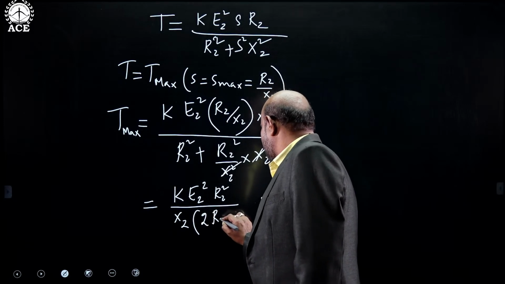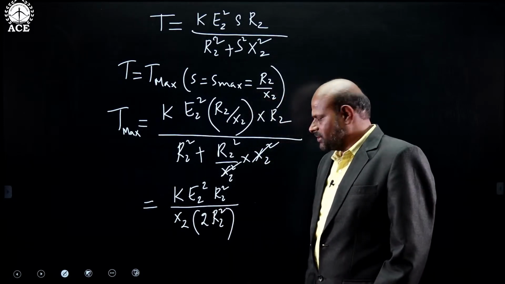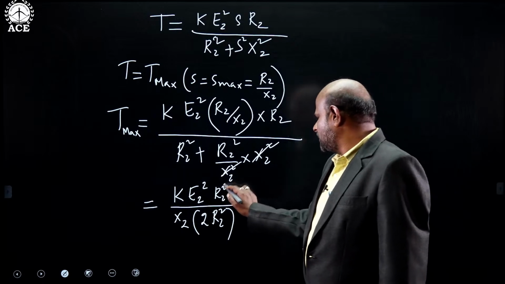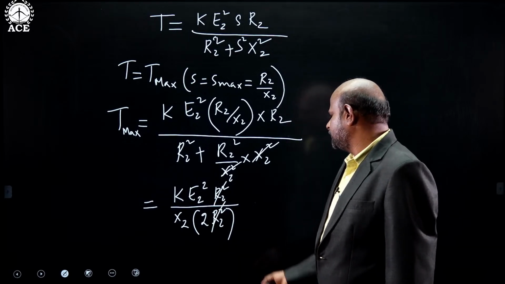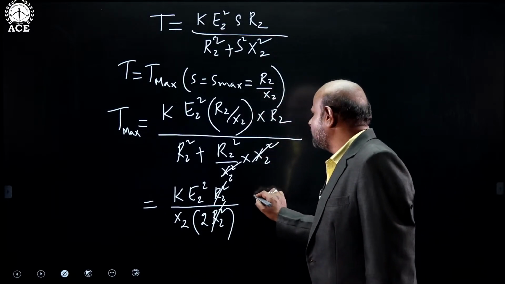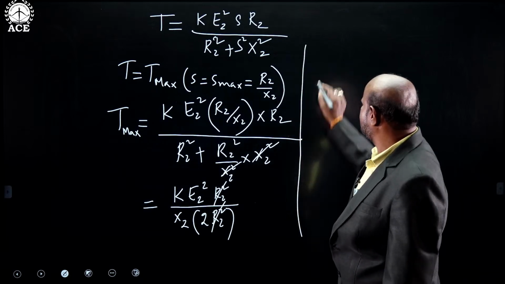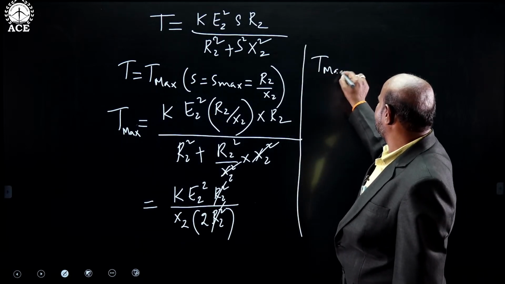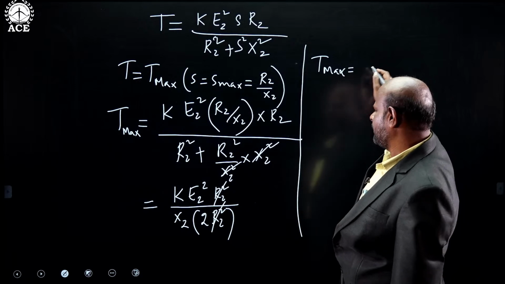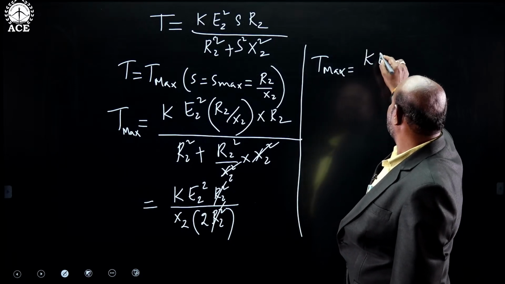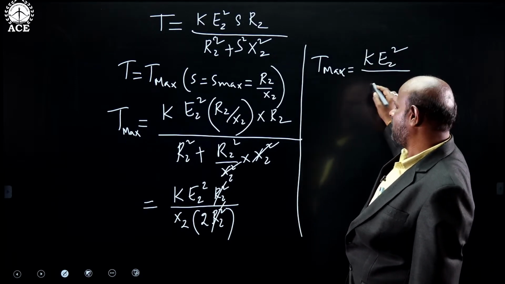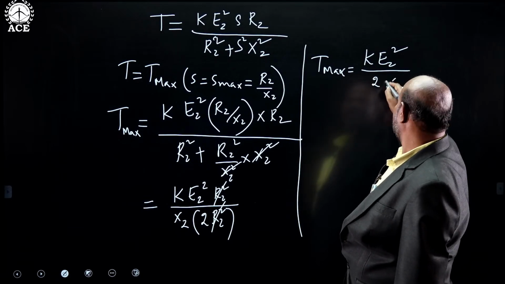So 2 times of R2 square, right? In this, we can cancel out these two. So finally, the maximum torque will be obtained as T max is equal to K E2 square by 2X2.